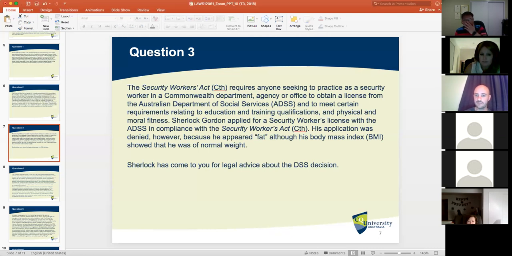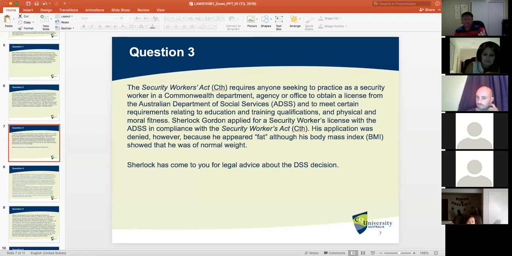But if the determination that he hasn't met the physical fitness level was based on just, well, it says because he appeared fat, so it was based on a visual inspection, I would say that's making a decision without proper evidence, and it's unreasonable. It's probably unreasonable, right?